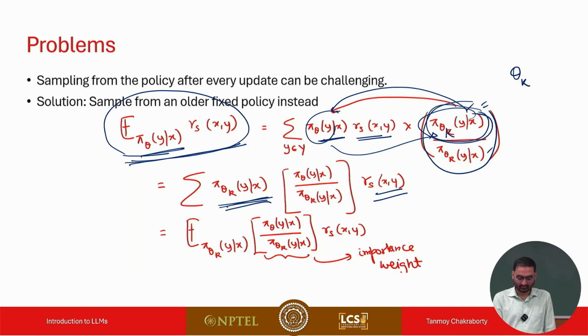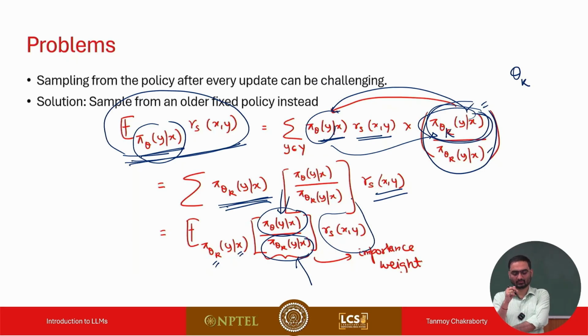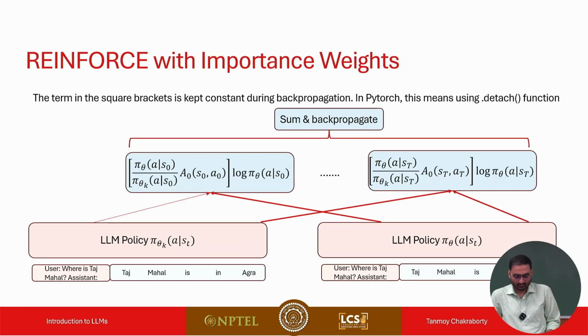It means that given a prompt, from the old model I will generate responses, and I will measure the probability of those responses from the new model and from the old model. So I don't need to generate these responses from the new model. I will use the old model to generate responses, and calculate the probability with respect to the old model, which is the denominator, and with respect to the new model. And then I have the reward. So this can be addressed.